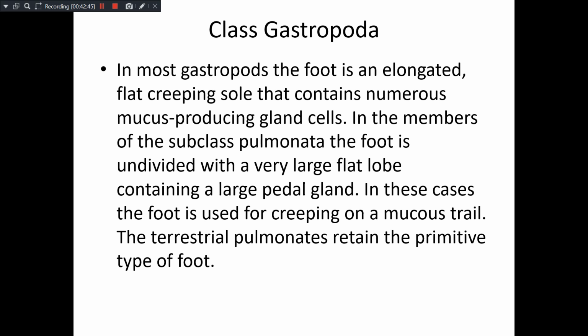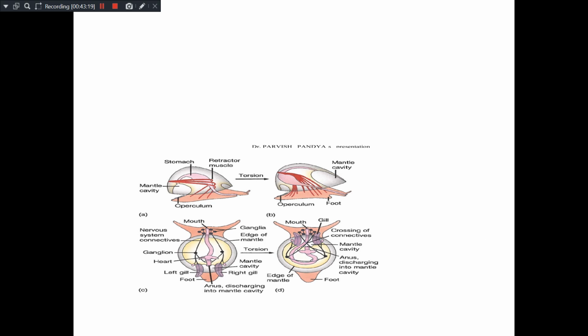In one subclass, Pulmonata, under the class Gastropoda, the foot is undivided. As a result, it becomes a very large flat lobe containing a number of pedal glands. Here, the foot is used for creeping on a mucus trail, because mucus is a lubricant. All terrestrial pulmonates have retained this very primitive type of foot.